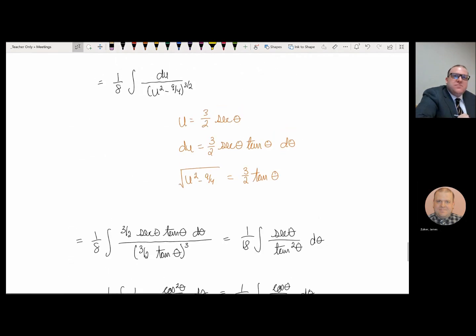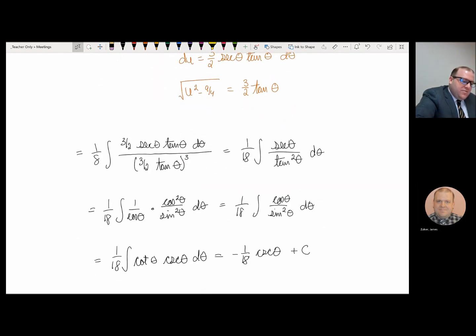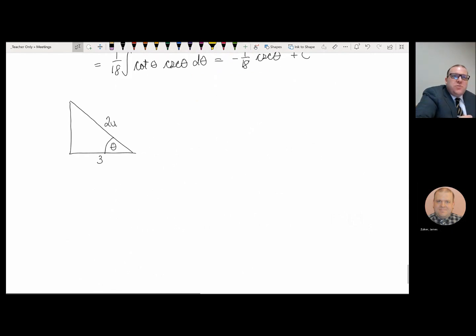You got it from tangent theta, right? So it'd be 2/3 the square root of that. Use it from just the right triangle we have here. And what do you get? Root 4u squared minus 9. Square root of 4u squared minus 9.